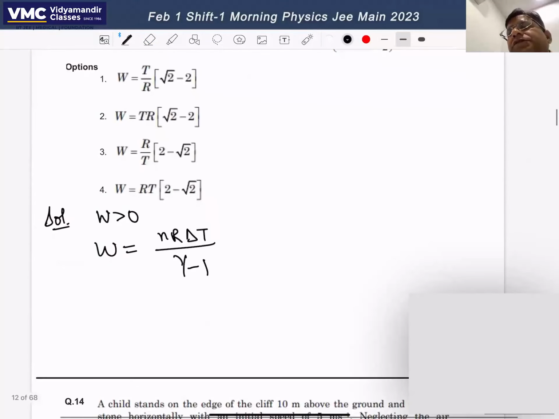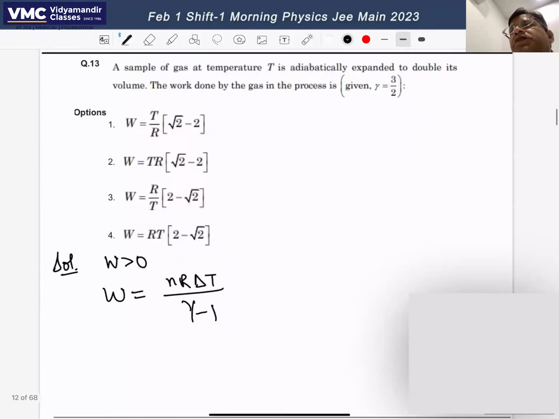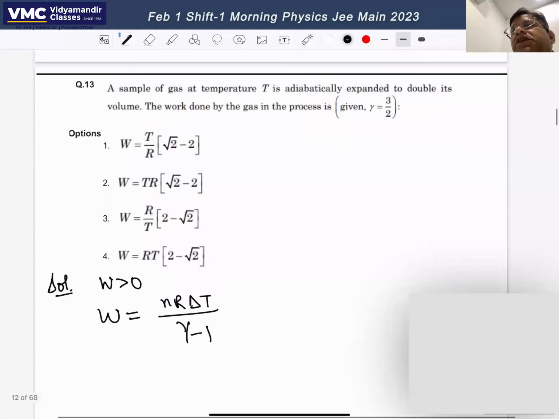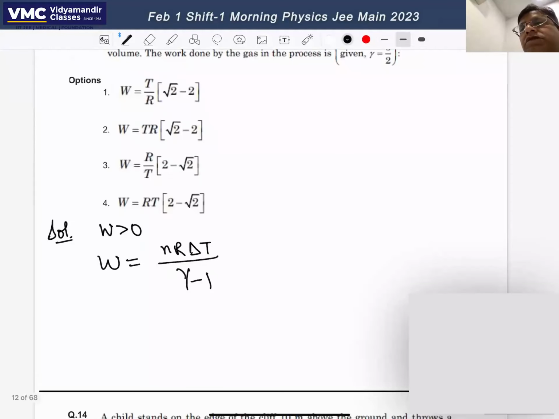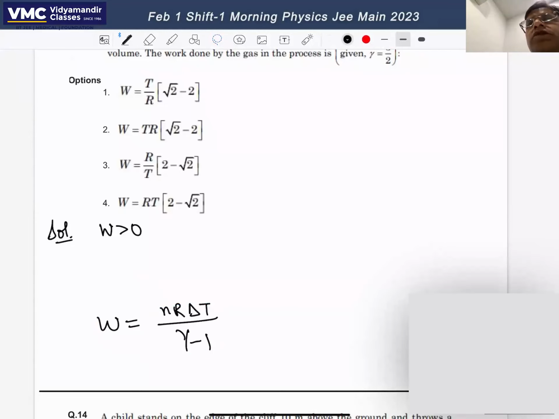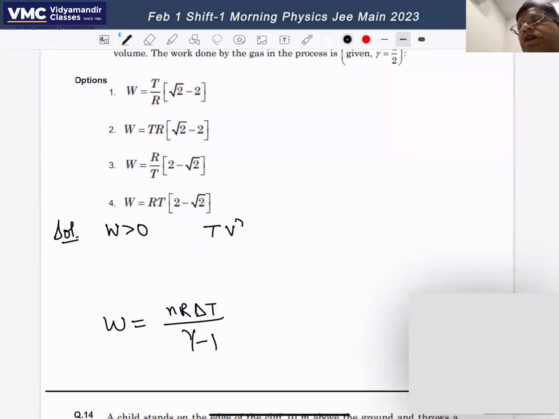Here we have to find the final temperature. The initial temperature is given. For this, we will use TV to the power gamma minus 1 equals constant, which is the adiabatic equation.